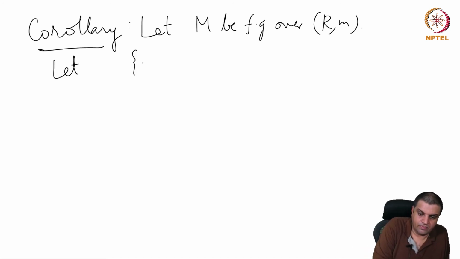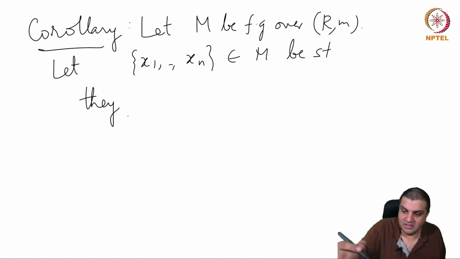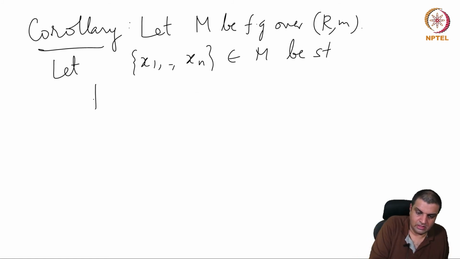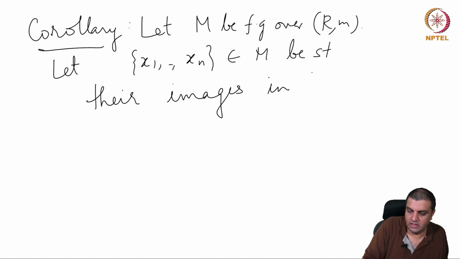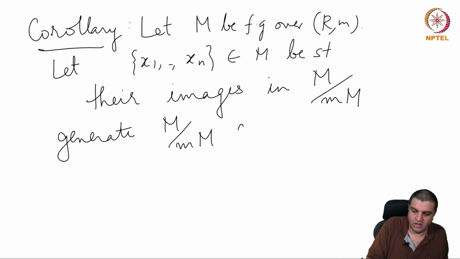Let x1 through xn inside M be such that their images in M mod mM generate M mod mM as an R mod m module.